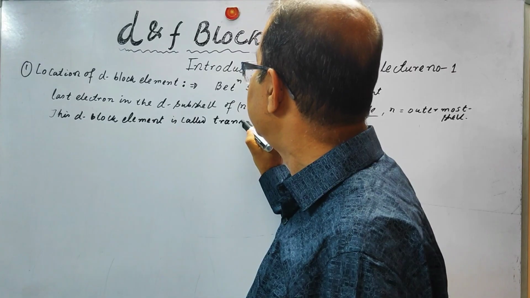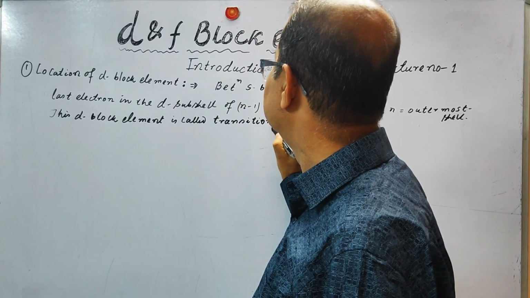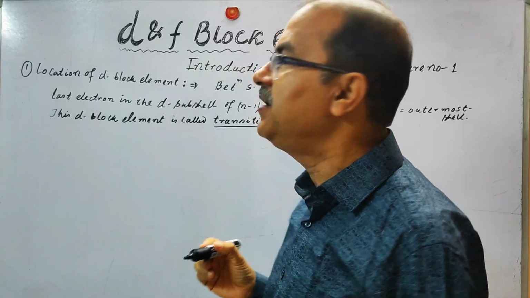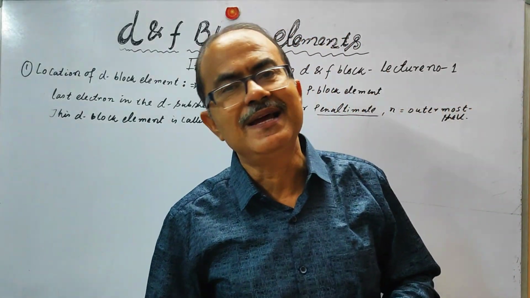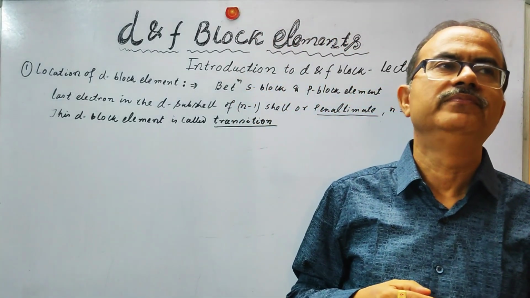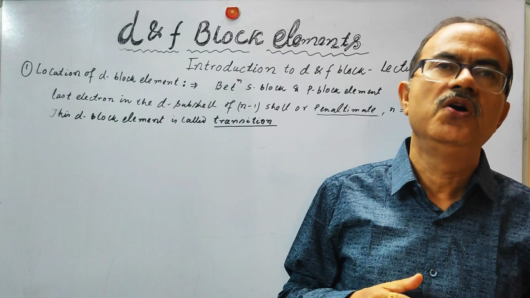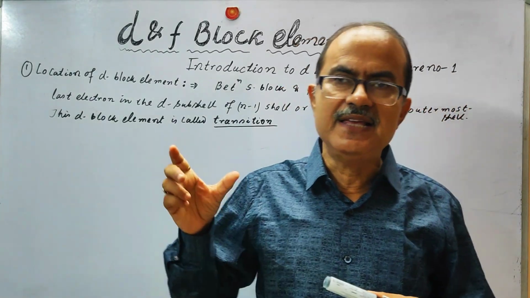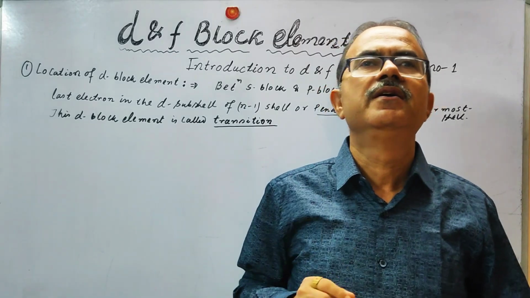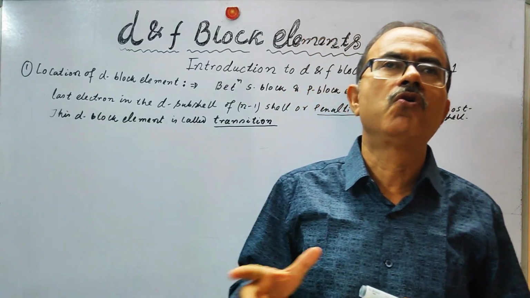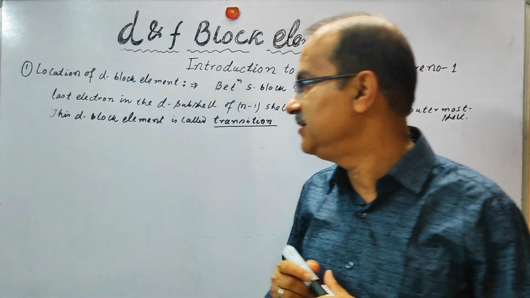Why is it called a transition element? Because the properties of the transition elements are in between the S block and the P block. That is, there is a transition, meaning a change of properties is observed in this block of d block elements. That is why it is also called a transition element.